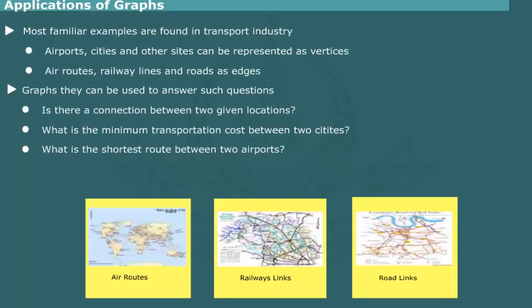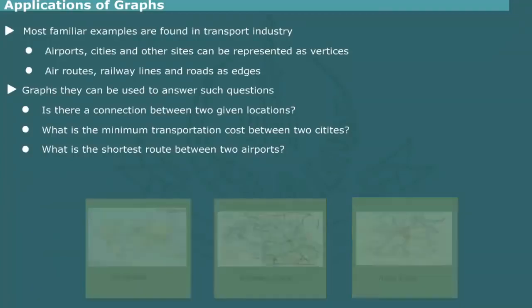If so, what is the minimum cost of transportation? Or what is the shortest route? In plain words, one may want to know a travel schedule with minimum travel time or minimum fare between any pair of cities. Several graph algorithms exist to solve such problems.